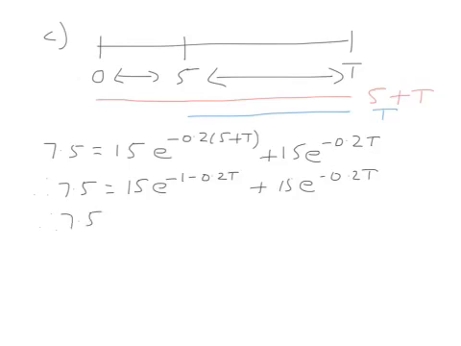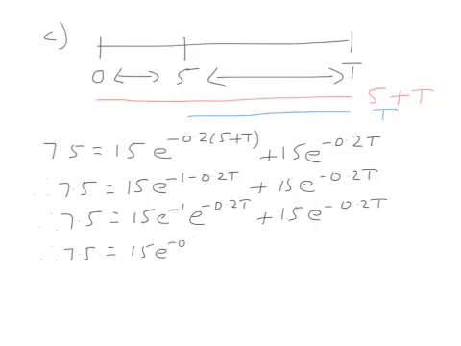So it's 7.5 equals 15 times e to the minus 1 times e to the minus 0.2t plus 15 e to the minus 0.2t. So 15 e to the minus 0.2t is a factor, and we're left with 1 over e plus 1.